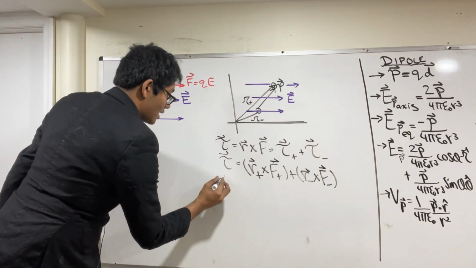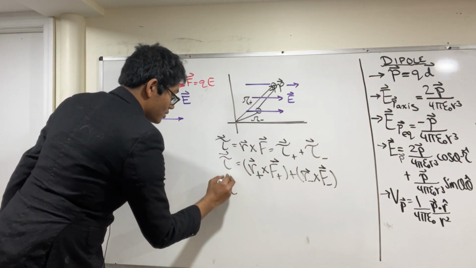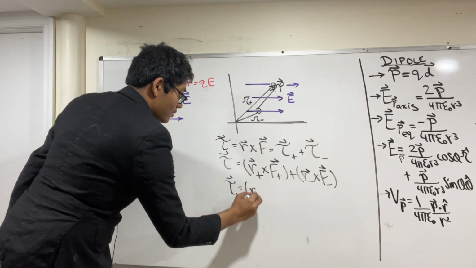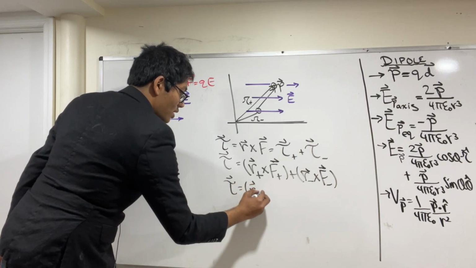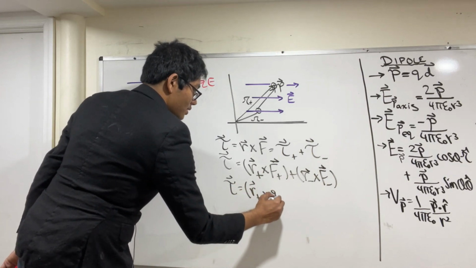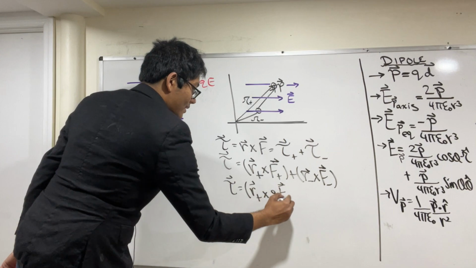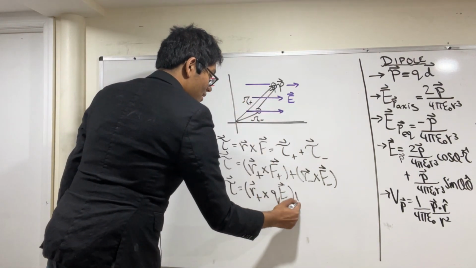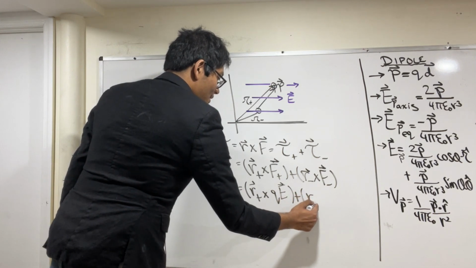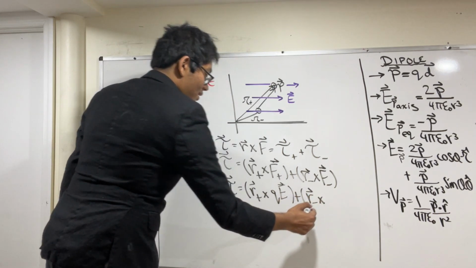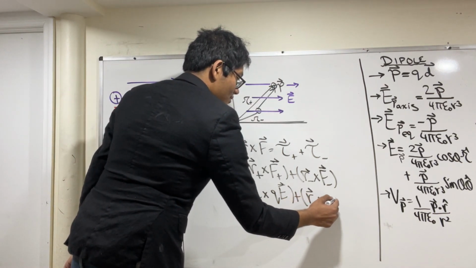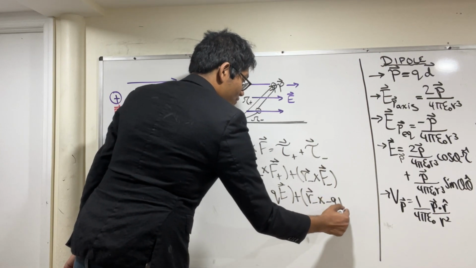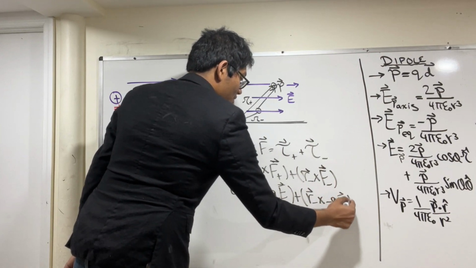So the torque is the distance to the charge crossed with qE, and this is, of course, E the uniform field, plus the distance to the negative charge crossed with minus qE, right? Since we have a negative charge here, the force is going to be in the opposite direction.